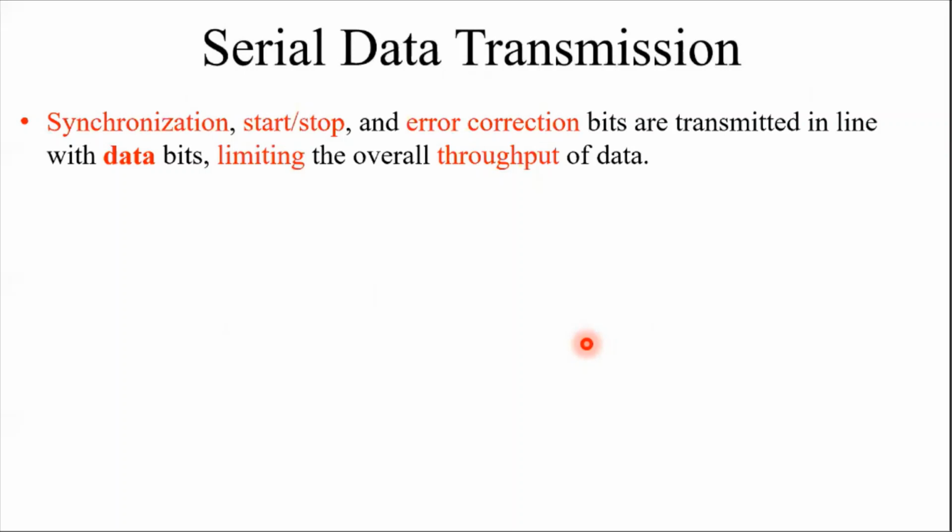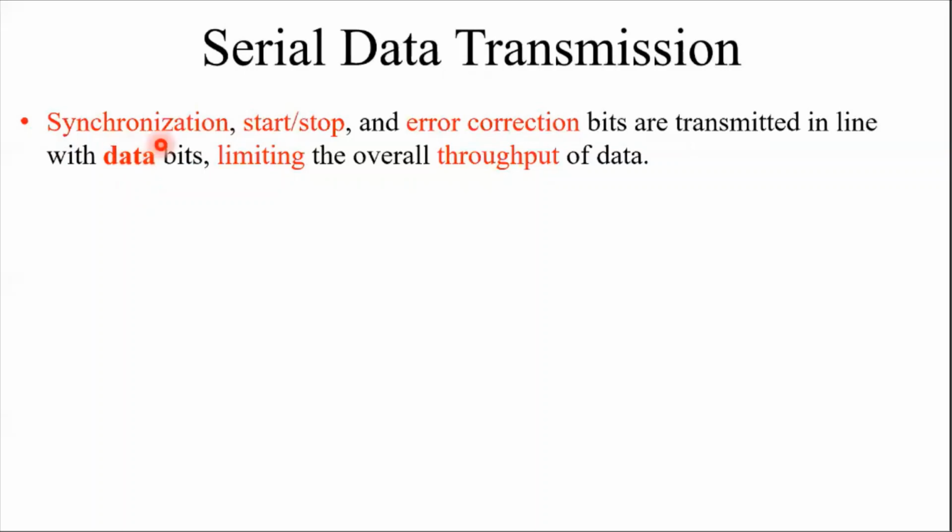Synchronization, start or stop, and error correction bits are transmitted in line with the data bits. So here, the synchronization bit is also sent along with the actual data bits.